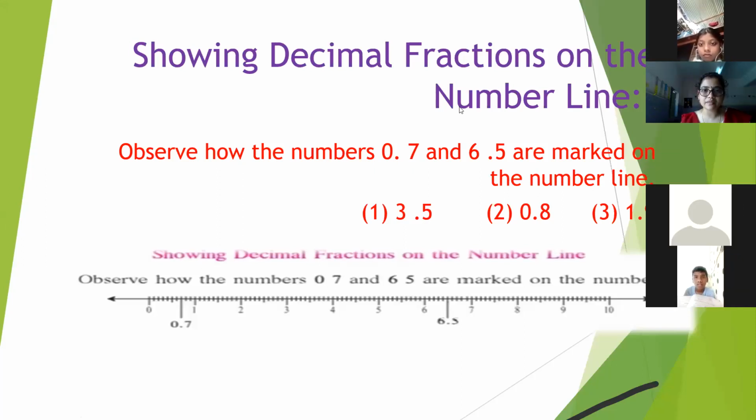Tell me the answer. Lakshmi, you can unmute yourself. Then tell me the answer. You have to count from 3, like that 3.5. Very good, Lakshmi.